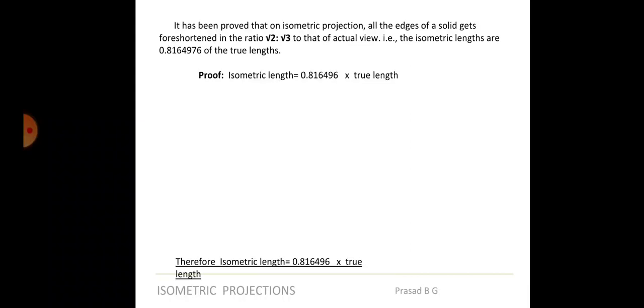So what I'm trying to say here is, if I say you have to draw a line of 40 mm, that means when you're drawing that at an angle of 30 degrees, you are not drawing 40 mm, but you are drawing 40 into 0.8164 times, which will be almost closer to 32, isn't it? 40 into 0.8 means 4 8s are 32, so it will come around 32 point something.